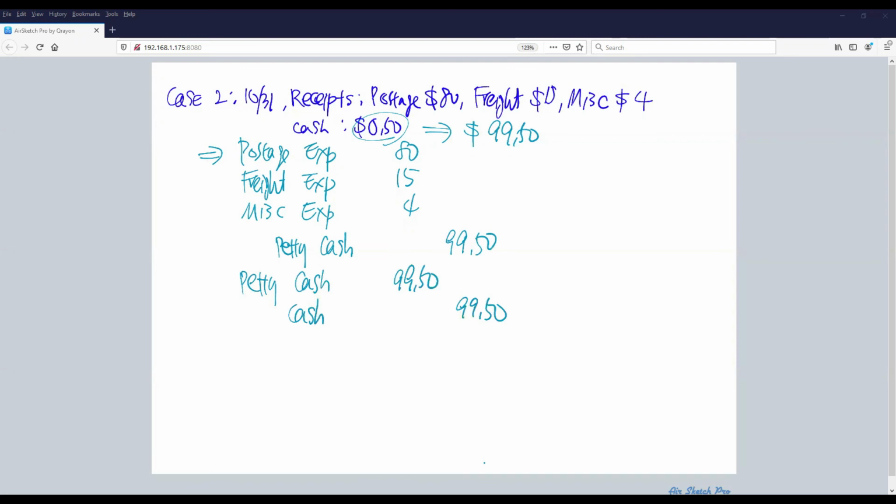And we see that the sum of the receipts is only 99. We needed to have some account as studied, like cash short and over, shortage and overage.